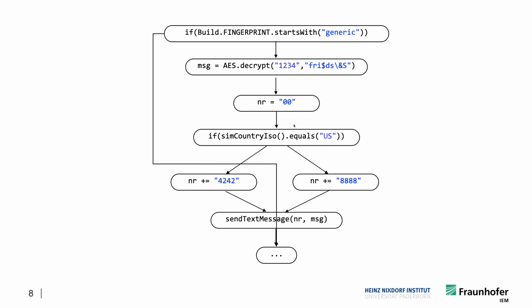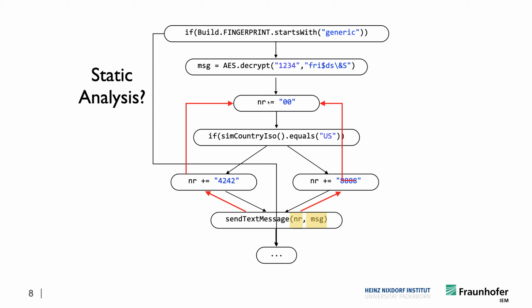Let us assume that this is a control flow graph of some app's code, okay? And now we have marked these two parameters here as interesting. So these are parameters that Harvester should please extract for us, okay? Then we could first think about just doing a pure static analysis here, right? That static analysis could basically walk back here through the control flow graph, and it could try to compute the data dependencies that we see here, right?